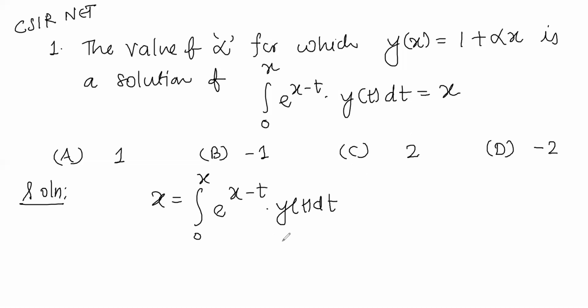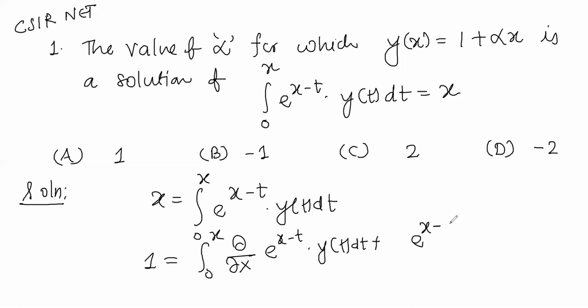So here we go. I'll differentiate this quantity. I'll be getting 1 equals integral of the partial derivative of e power x minus t dt, plus the same quantity e power x minus t and then y of t at t equal to x, and derivative of x is 1.